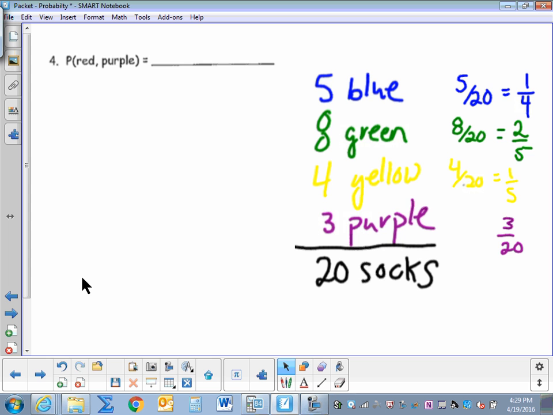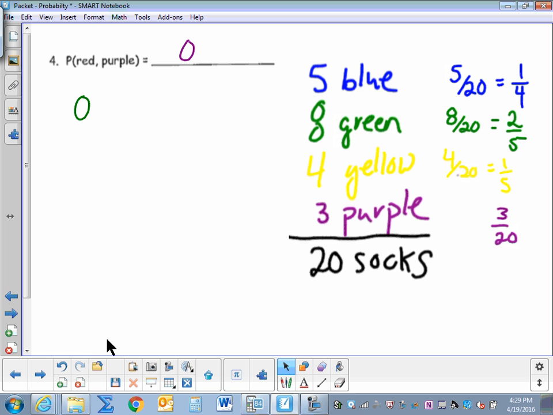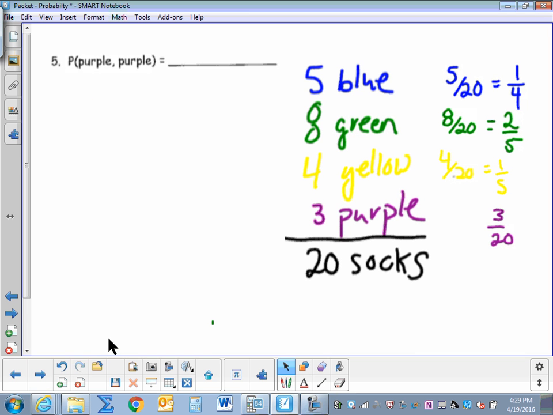Now calculate the probability of pulling a red sock and then a purple sock. And the probability of doing that is 0 because there are no red socks. Calculate the probability of pulling a purple sock, replacing it, and pulling another purple sock.